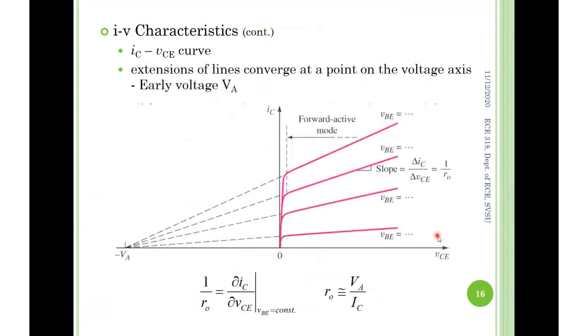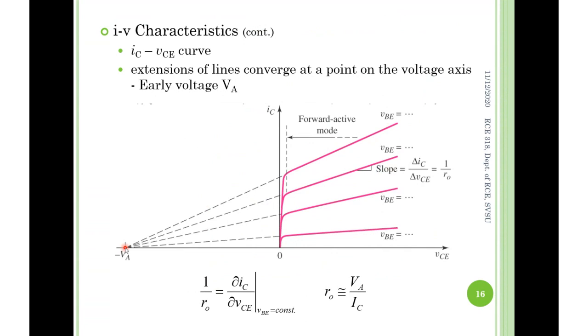This is something the same as MOSFET again, right? It's the Early voltage. How do we find the Early voltage in MOSFET? We did the same: reversely extending the IB curves, and all of them converge into one point along the x-axis. That voltage value is nothing but the Early voltage, or rather the negative of the Early voltage.